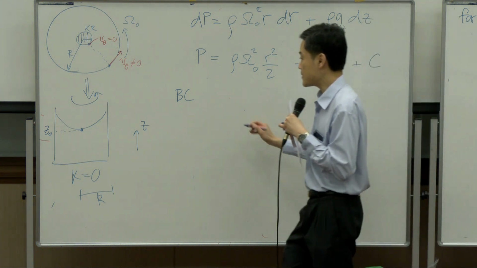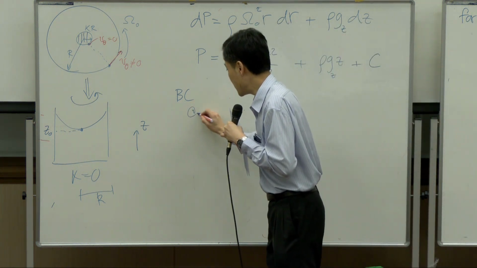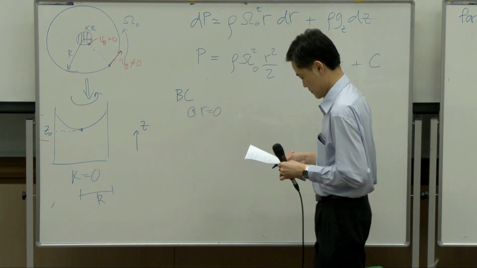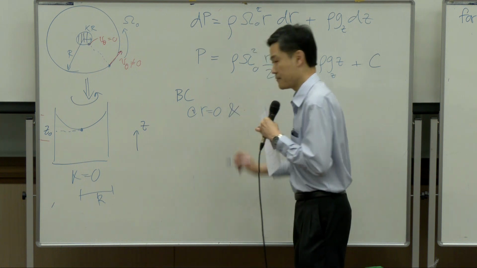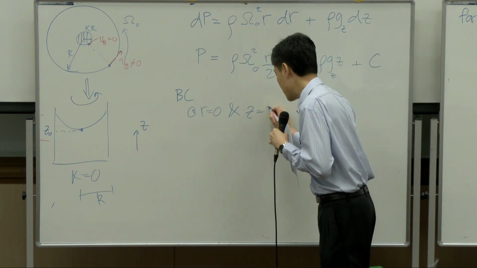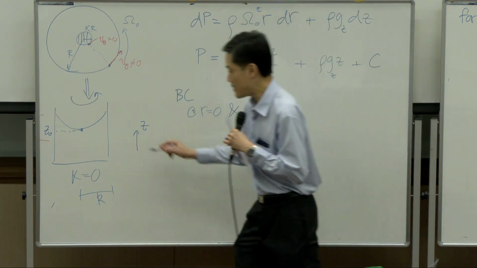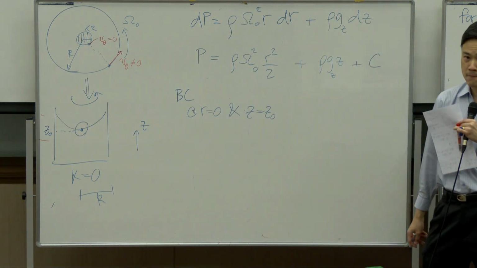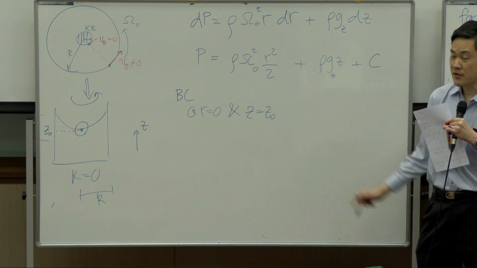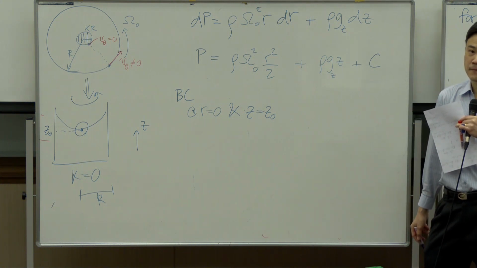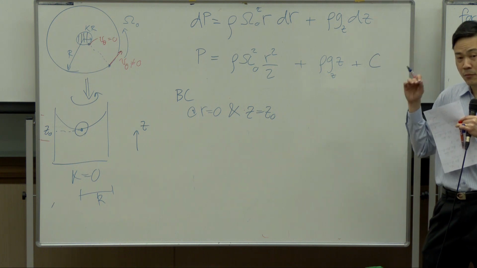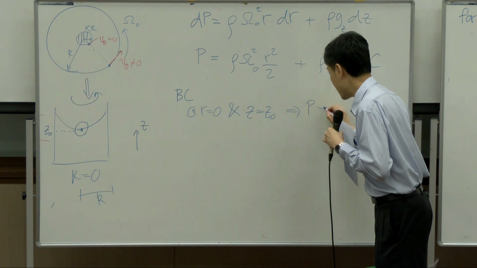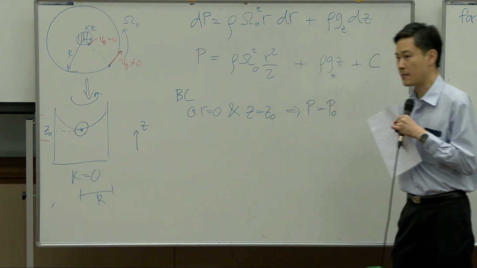So in this case, my boundary condition would be at r equal to 0 and z equal to z0. That means I pinpoint this point. What is the pressure over there? It's at the surface, so pressure is atmospheric. So we know that pressure is P0, or atmospheric pressure.